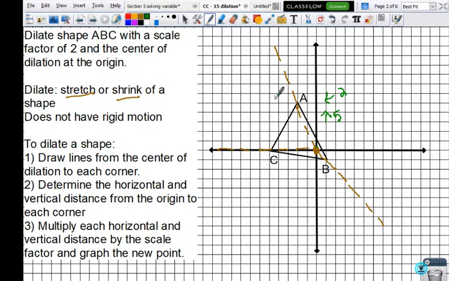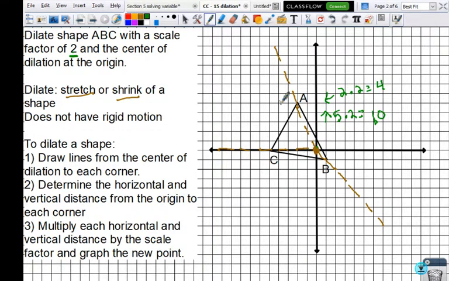To find out where my new point A is going to be, I am going to multiply each one of these things by my scale factor, which is 2. I have that in my directions right here. So I'm going to multiply this by 2. And now, instead of going up 5, I'm going to go up 10. Instead of going left 2, multiply that by 2, I'm going to go left 4.